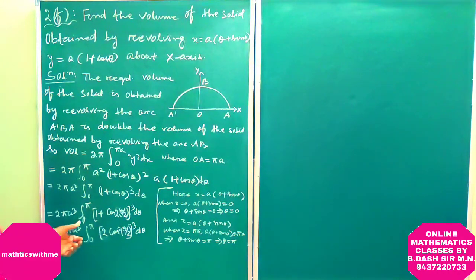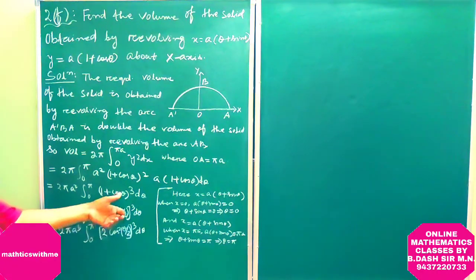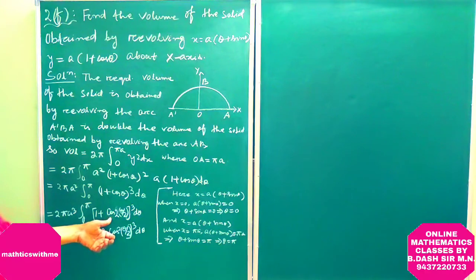This is 2πa³ ∫ from 0 to π, where 1 + cos θ can be written as 2cos²(θ/2), whole cube, dθ.